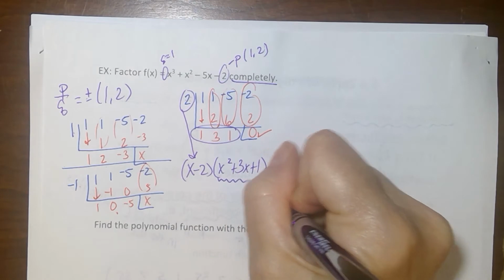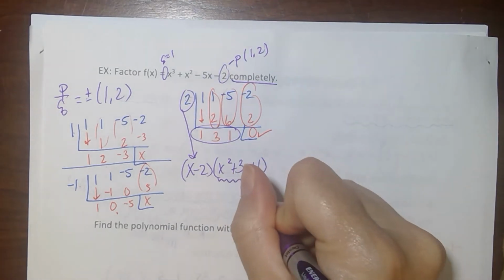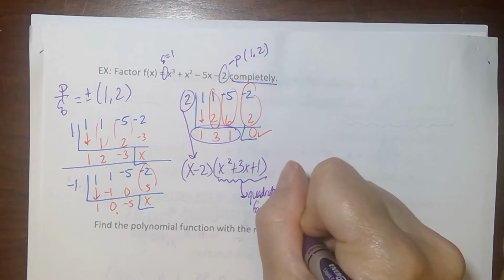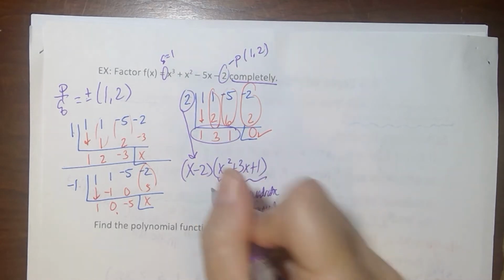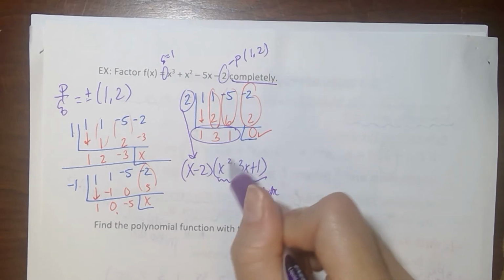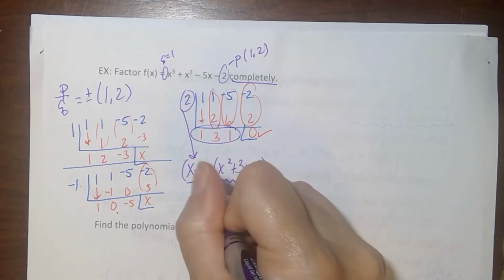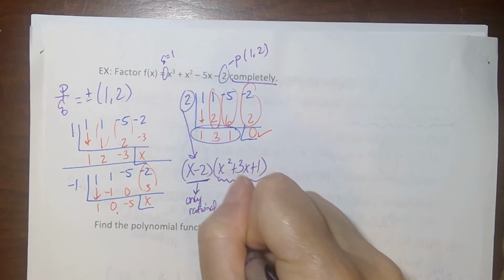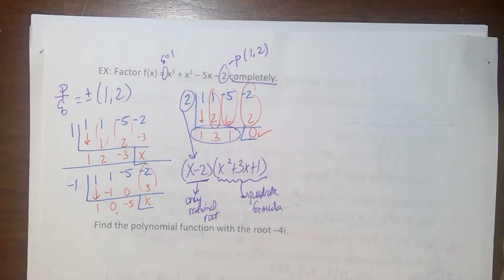Since this is not factorable, I'm going to need to use my quadratic formula or completing the square, but I usually use quadratic formula. And since this is not factorable, that means that this is my only rational root. Negative 2 wouldn't work. x plus 2 is not a factor. This is my only rational root.